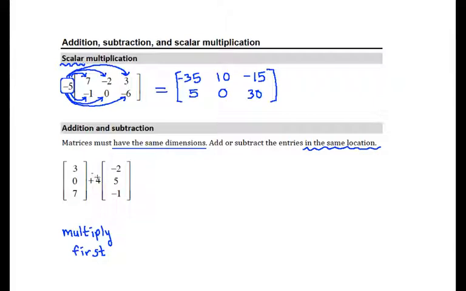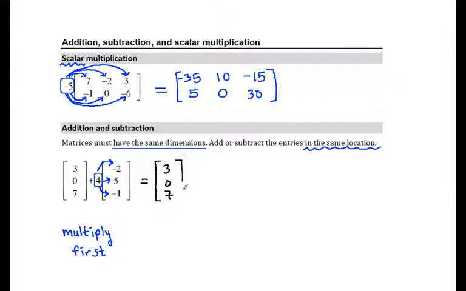So we'll take this 4, which is a scalar multiple of the second matrix, and scale up the whole matrix by 4. And let's rewrite this whole problem now as the first matrix exactly as is, no change.